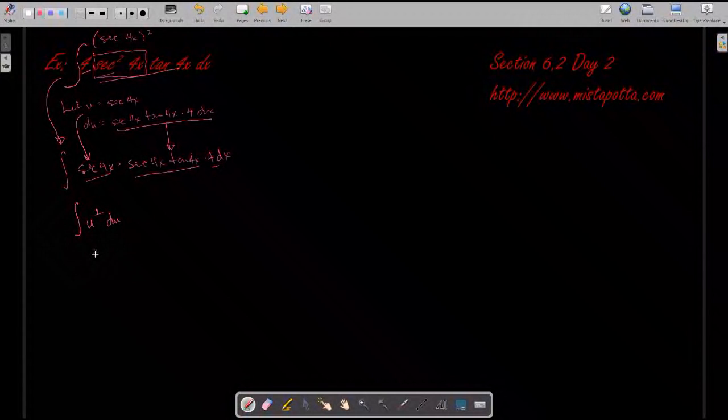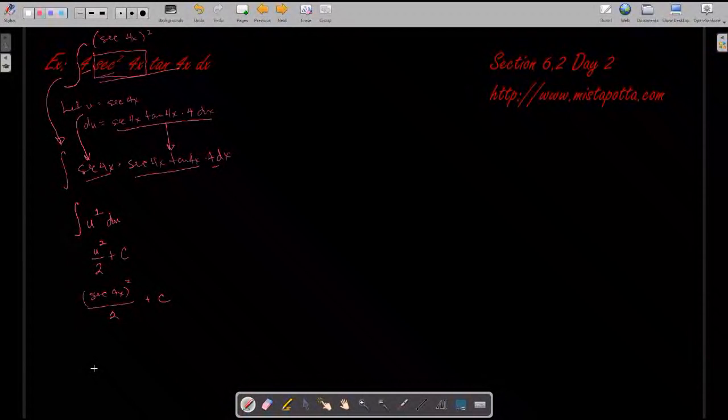I'm going to increase the exponent by 1, and then divide by my new exponent. So I get u squared over 2 plus a constant. So this is really the secant of 4x that's being squared, divided by 2, plus a constant.